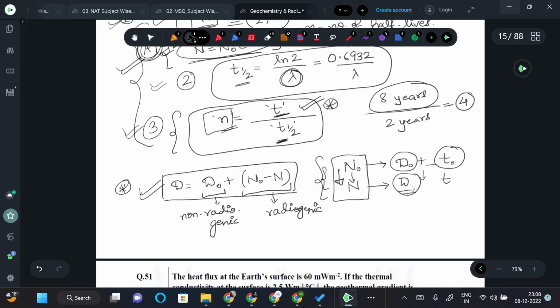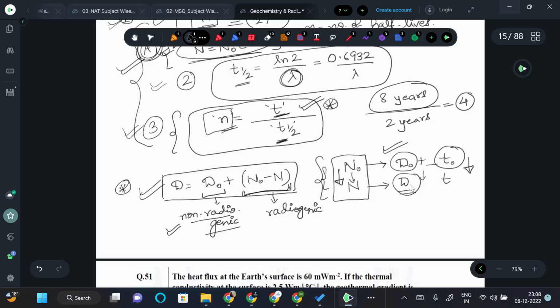Because at t equal to t naught there was already some D naught present. When the radioactivity actually started, there was already some D naught present over there. So that D naught is non-radiogenic. It is not produced via radioactivity.